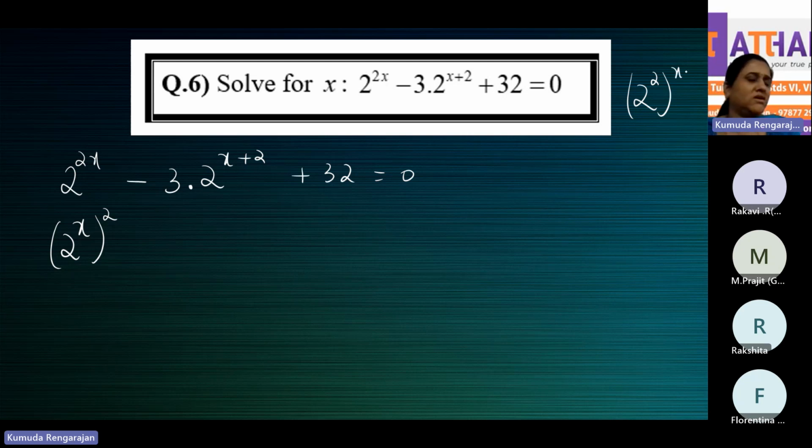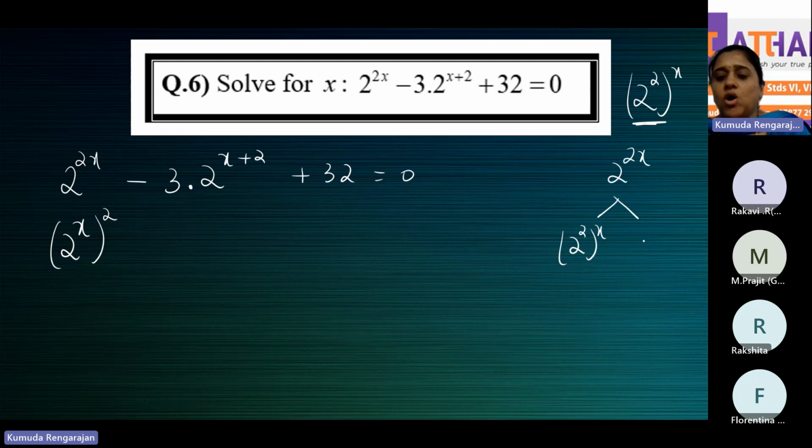We'll see which one. Maybe we don't need this, we might need this version. Just write it, but you want 2 to the power x. These are the only two ways. 2 to the power 2x can be written as 2 squared the whole power x, or 2 to the power x the whole square.